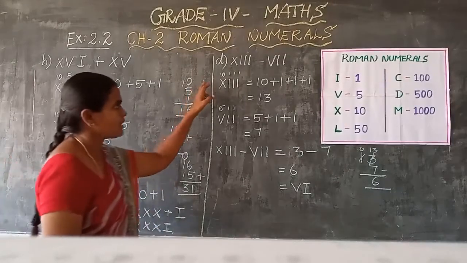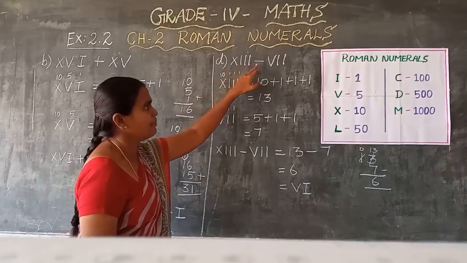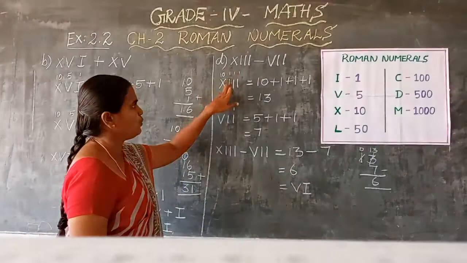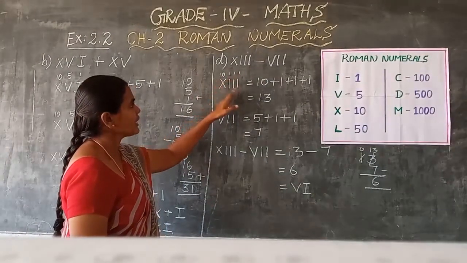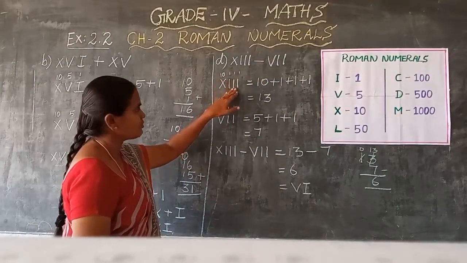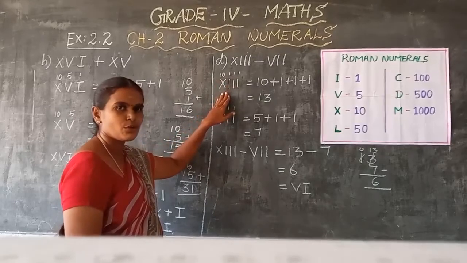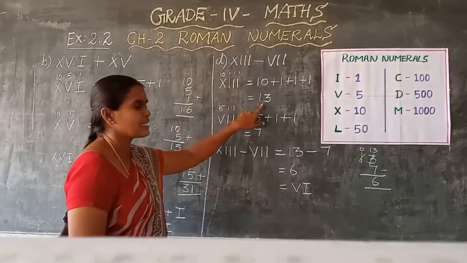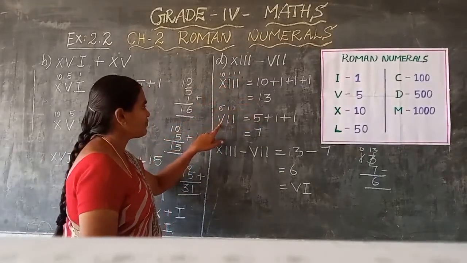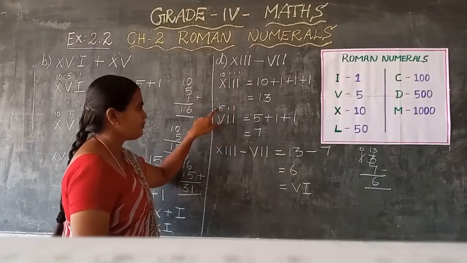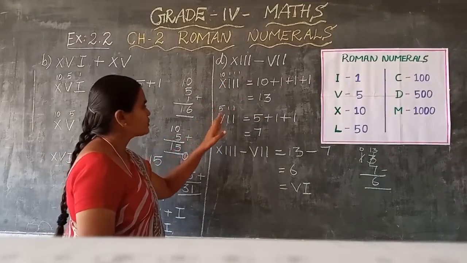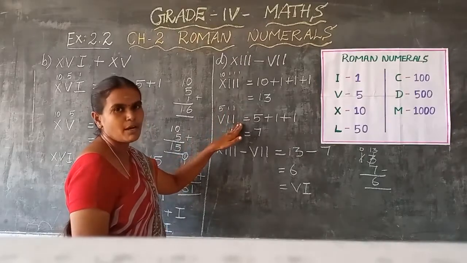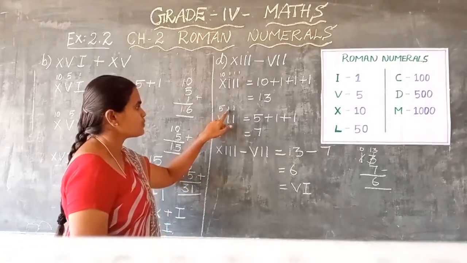Okay. Now D sum: XII minus VII. X value 10, I value 1. The greatest number is 10, the right side has the small number, so addition: 10 plus 1 plus 1 plus 1. We get answer 13. Like VII: V value 5, I value 1. The greatest number is 5, the right side has the small number, so addition: 5 plus 1 plus 1.